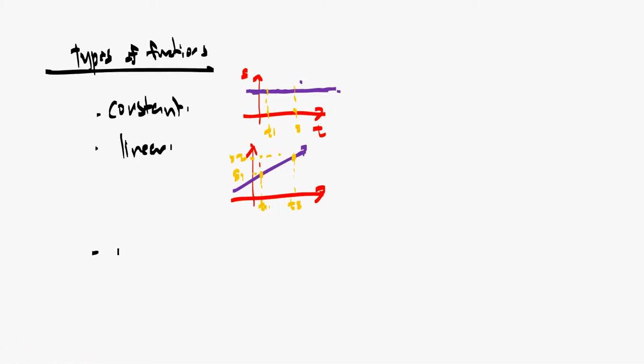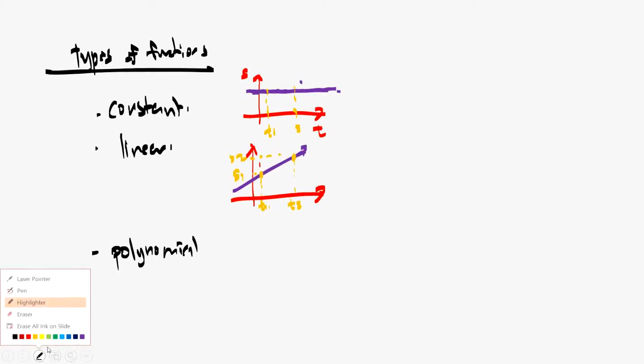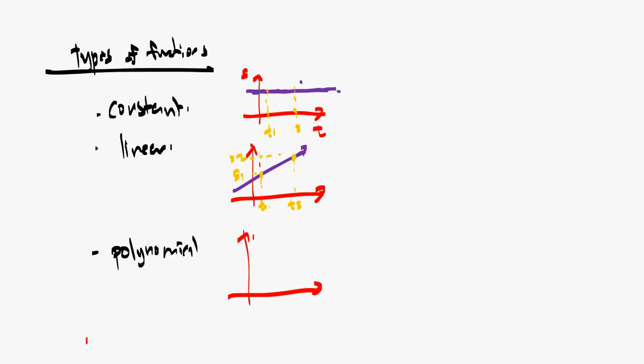And there are also functions like a polynomial function. Instead of having a degree one equation, we have degree two and higher. What it looks like is this, for example a quadratic equation.